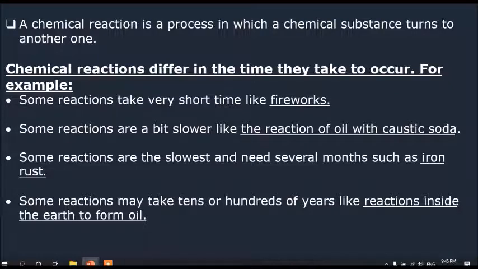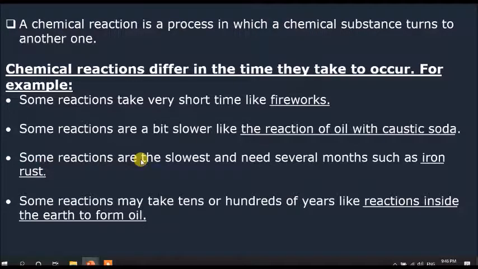Chemical reactions differ in the time they take to occur. Not all chemical reactions take the same time. For example, some reactions take a very short time, like fireworks. Some other reactions are a bit slower, like the reaction of oil and caustic soda to form soap.